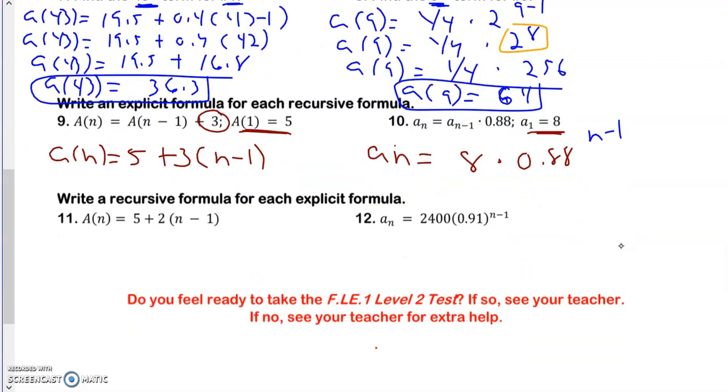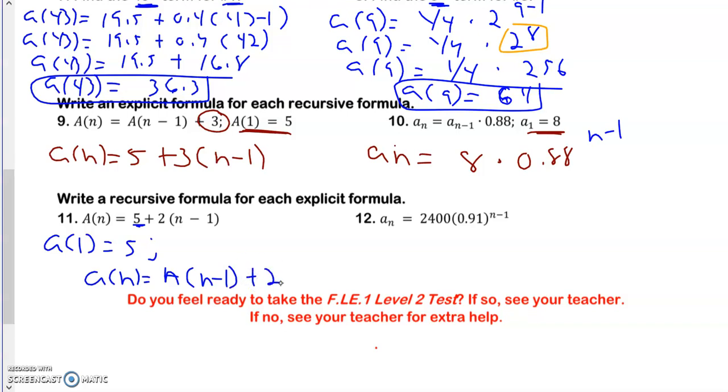So now we're doing the opposite, the recursive to each explicit formula. So we need to figure out what the first value is. So A of 1, we know that this is arithmetic, so A of 1 would be 5, and then you do your semicolon. And then I do A of n equals A of n minus 1, and my common difference would be +2.